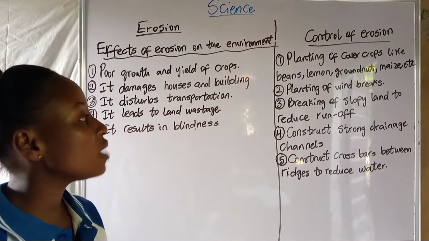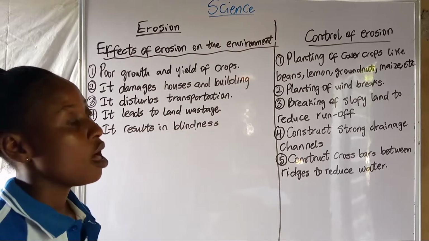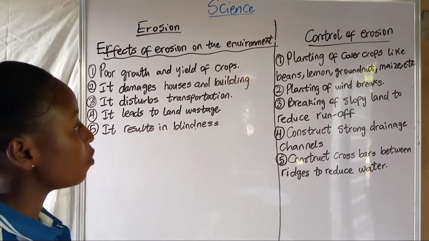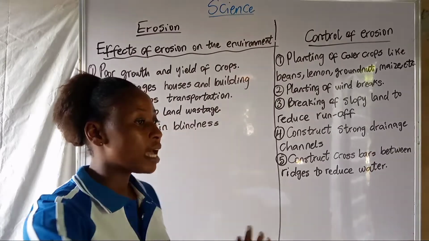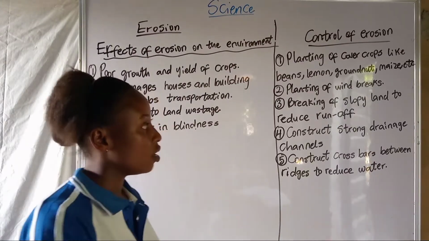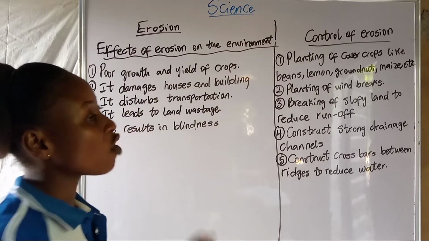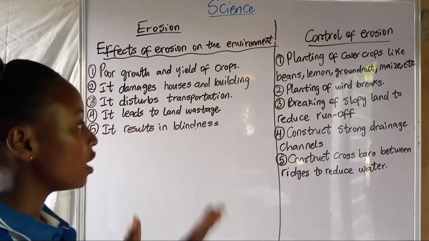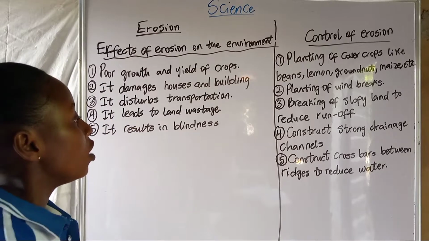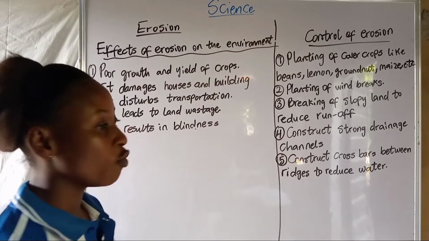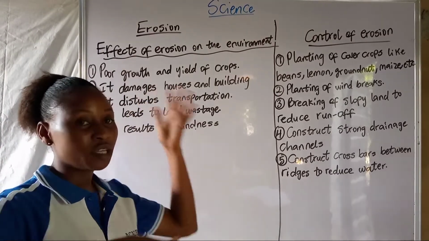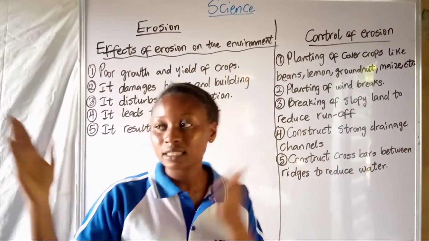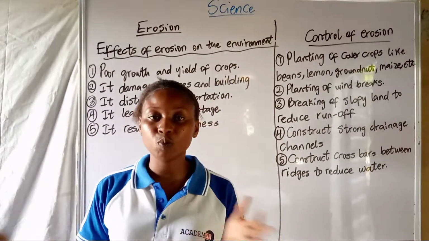The first one is planting of cover crops like beans, melon, groundnuts, maize. Cover crops, that is, crops that cover the soil. So planting of cover crops helps in controlling erosion. The second one is planting of windbreaks. For instance, planting of trees.